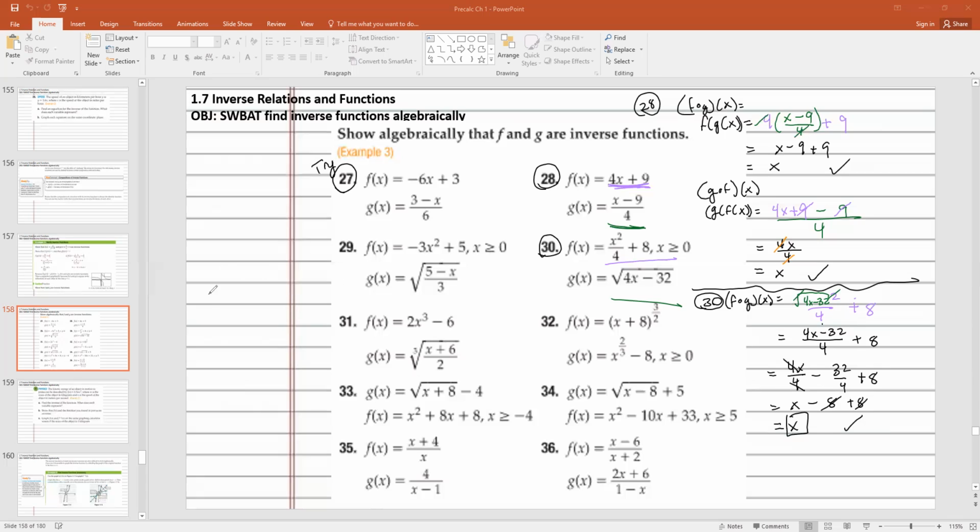All right, now we're going to go backwards. I'm going to put it on this side over here. Hope that's okay. So let's do g of f of x. All right, so this time we're going to start with the g. So we start with square root of 4x, leave some space, minus 32.